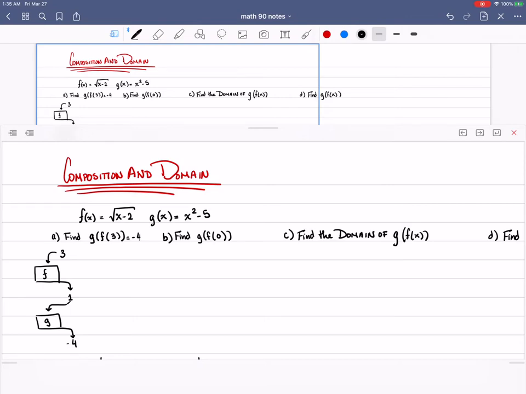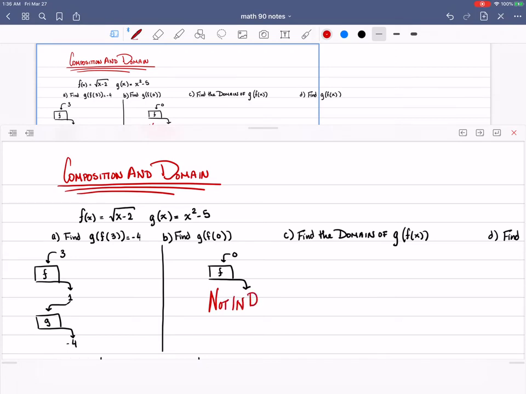All right, cool. So now let's move on to b. For b, 0 gets dropped into f. And f says, okay, cool, I'm going to subtract 2 from you and then take the square root. But what happens? Red lights, disaster, because when you subtract 2 from 0, you get negative 2, and the square root of negative 2 is not a real number, so we get a total stop.